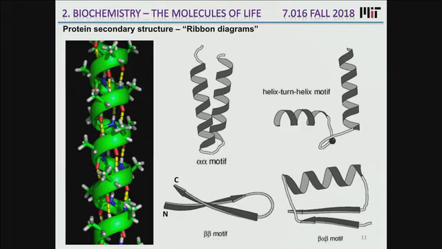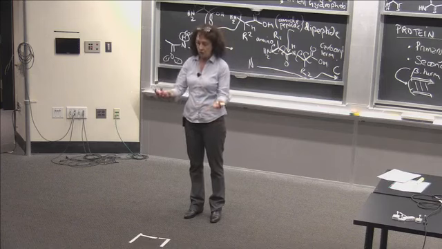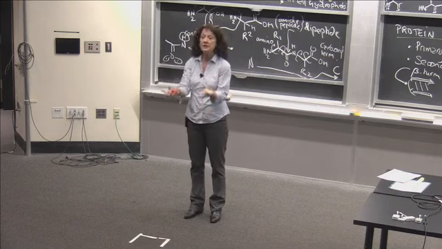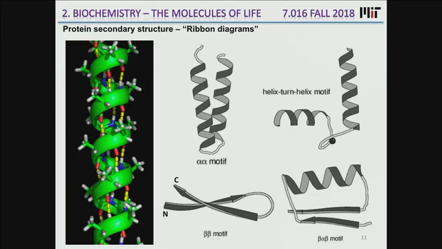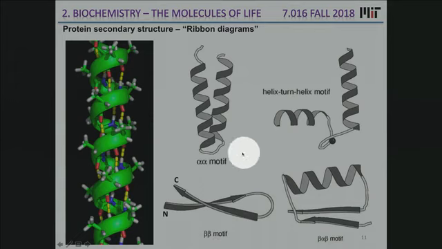So even those simple elements, still it's hard to make big enough structures to have functions. So as I mentioned, in a continuation of the theme that protein folding is hierarchical, you can start to put together elements of secondary structure to make things that are a little larger. Helix, turn, helix.